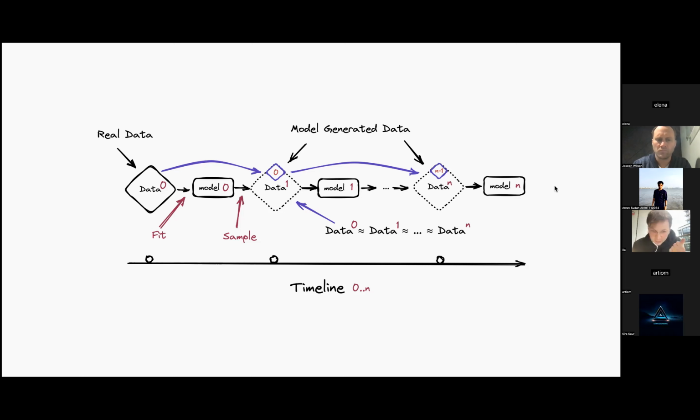Important note to make here is that although it may seem a little bit unrealistic, very often this is exactly what the model development lifecycle actually looks like. You would go online, you would scrape Twitter or whatnot, and you would grab the latest Twitter data because you want to make sure that you generalize to the latest data, and you would fit a model on top of it.